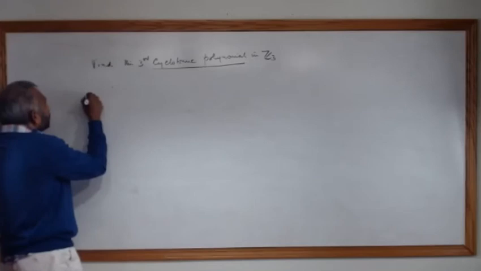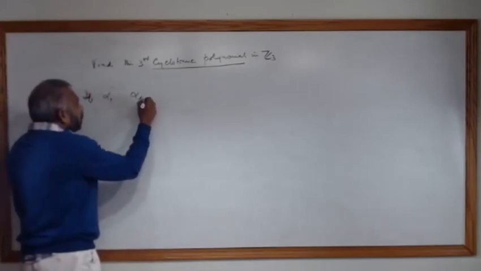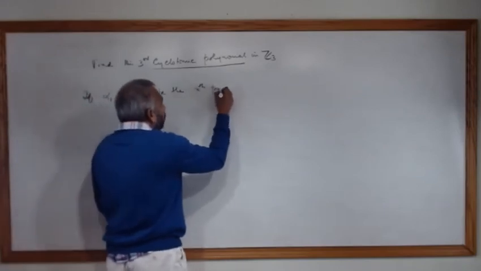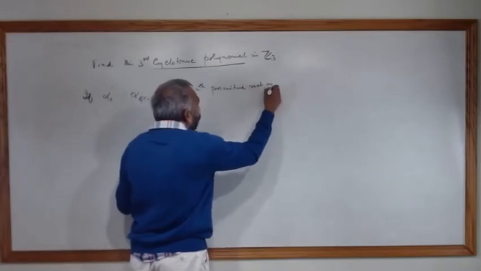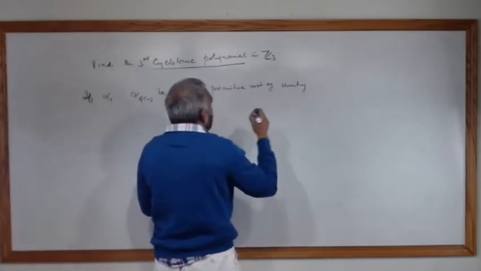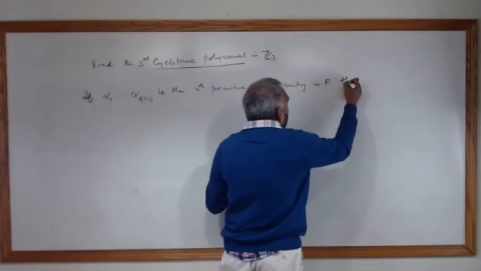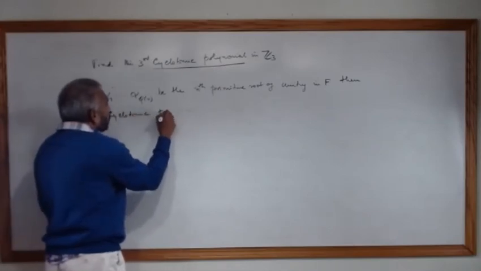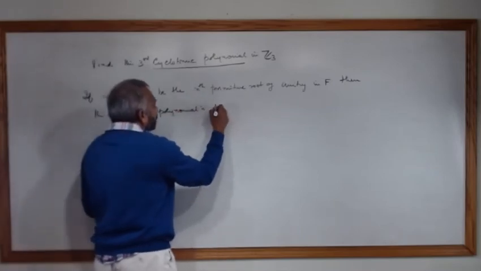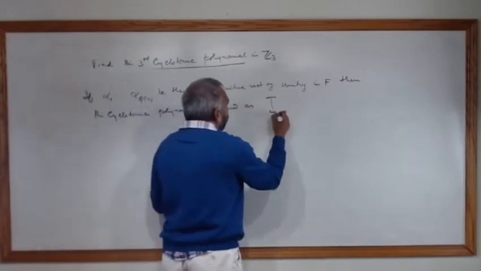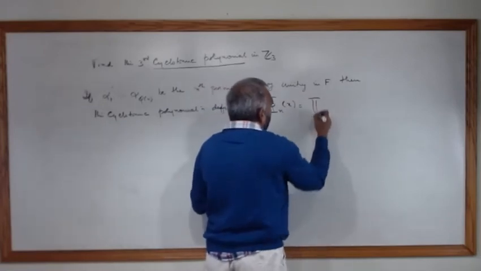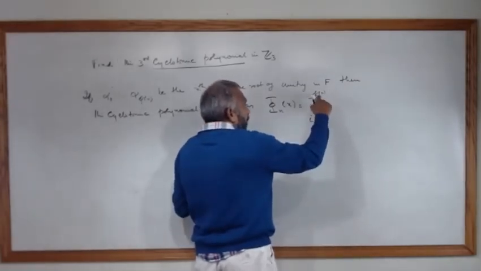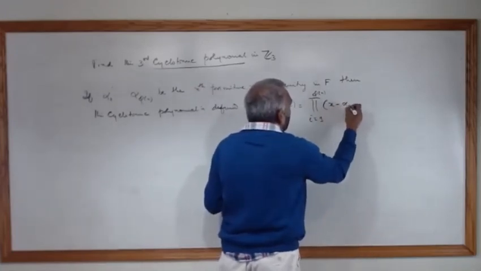The definition goes like this: if alpha 1 through alpha phi of n be the nth primitive roots of unity in F, then the cyclotomic polynomial is defined as capital phi n of x equal to the product over i equal to 1 to phi of n, where phi of n is the number of integers less than n prime to n, of x minus alpha i.